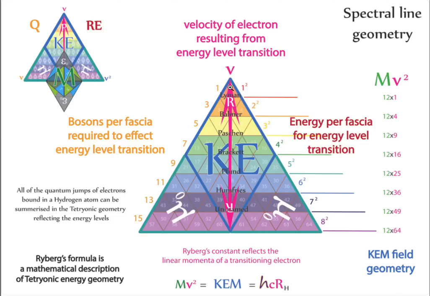Again, we showed how the mathematics is all exactly the same, but where the mathematics couldn't be interpreted in the sense of a physical explanation for the math, the geometry gives us that physical explanation for the mathematics of Rydberg's constant and his formula for spectral lines.